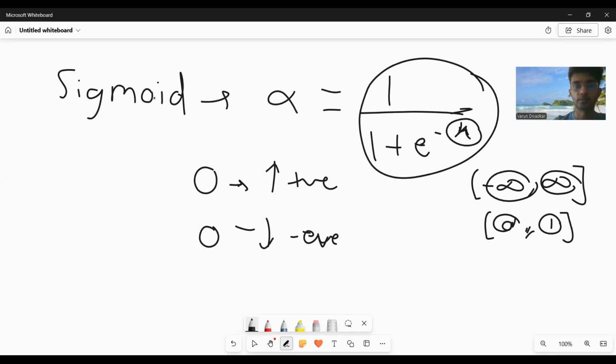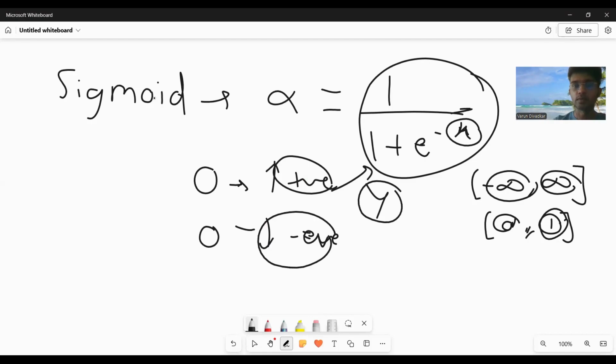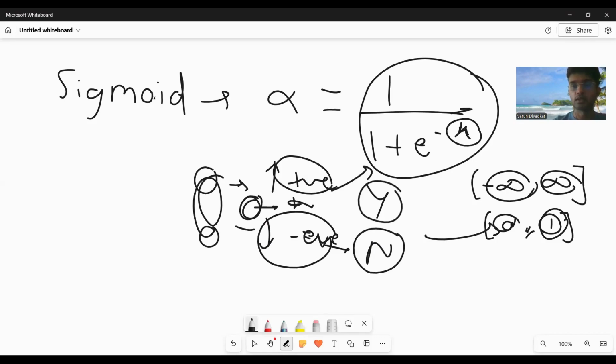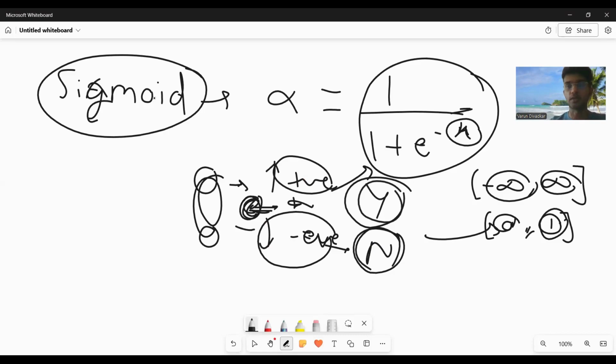If you transform with the sigmoid function, this would give you something closer to 1, so this will be a yes, and this will give you something closer to 0, which will be a no. Suppose we have a single node here with a highly positive value, then this will transform to a yes. And if this is a highly negative value, this will transform to a no. So this helps you in binary decision making. A sigmoid function helps you with binary decision making.